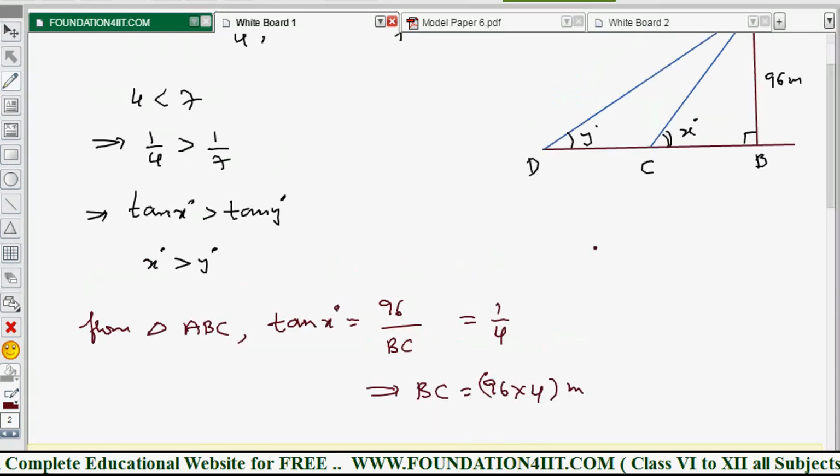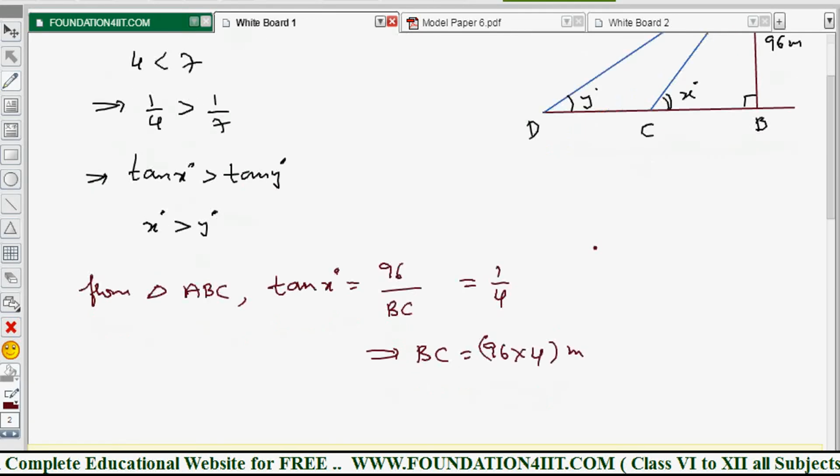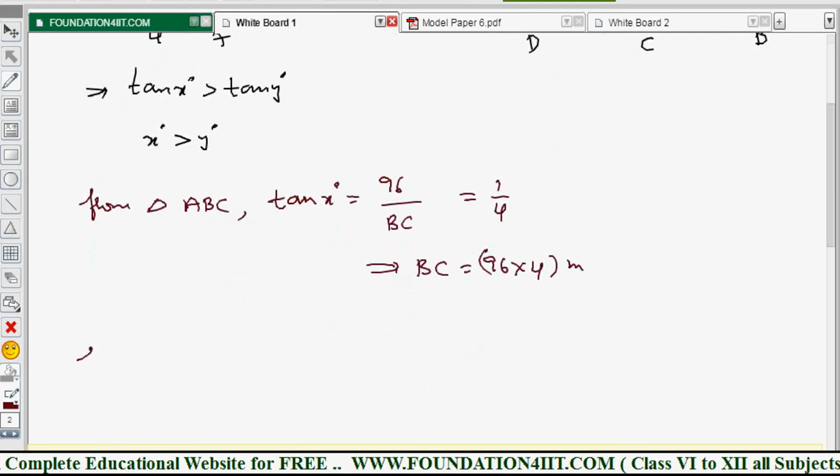Now next you can take another triangle, ABD. From triangle ABD, tan y, same, opposite is AB and adjacent is BD. So tan y is 96 by BD.